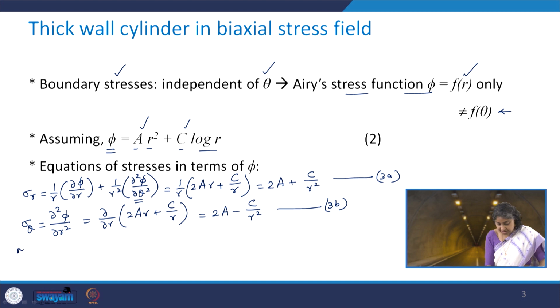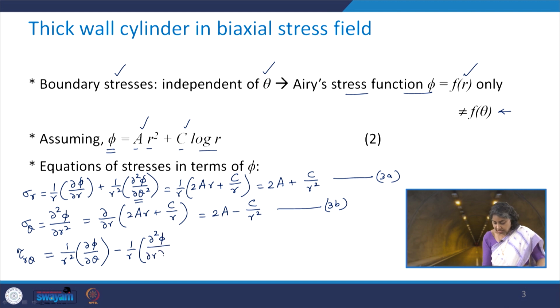Then finally, we have the expression for tau r theta, and this will be equal to 1 upon r square del phi del theta minus 1 upon r del 2 phi del r del theta. Since in both the terms you have the derivative with respect to theta, this will be equal to 0. So, this equation I will write as 3c.